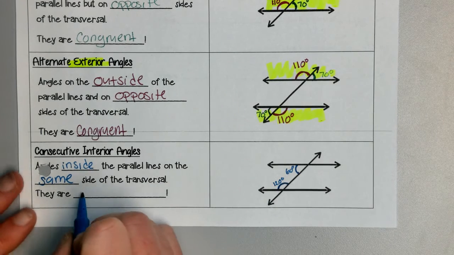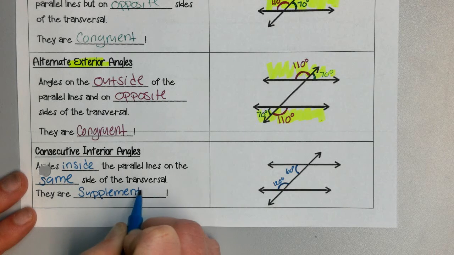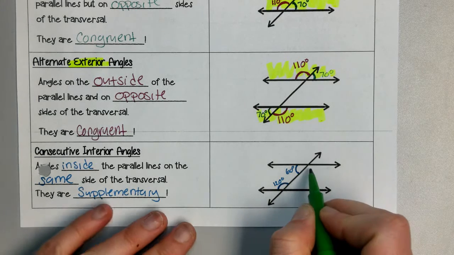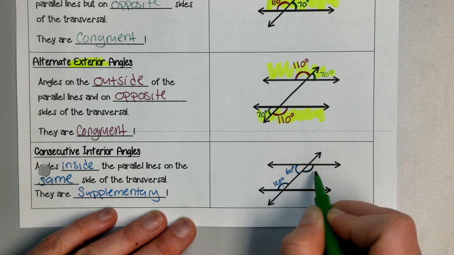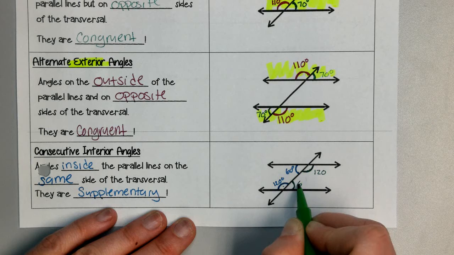Consecutive interior angles are supplementary. So you have another supplementary angle pair that would just be on the right-hand side of the transversal. This one, alternate interior, would be 120. So down below, supplementary would be 60 degrees.